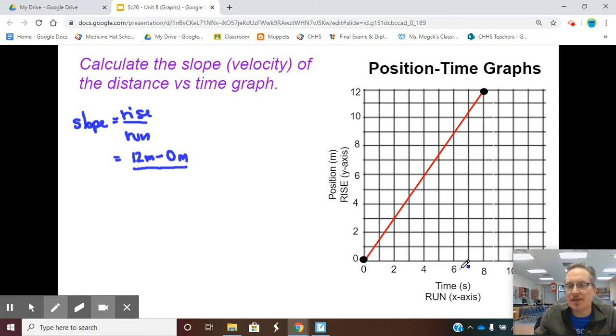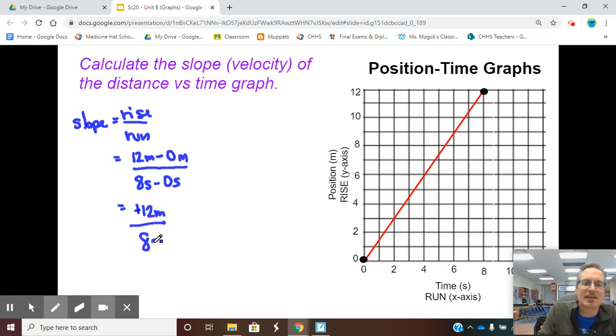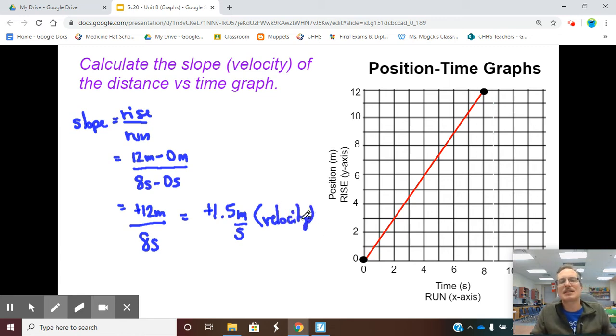My run along the x-axis is going all the way up to 8 seconds, and I started at 0 seconds. So 12 meters minus 0 meters is still positive 12 meters. 8 seconds minus 0 seconds is still 8 seconds. So positive 12 divided by 8 is positive 1.5 meters per second. And again, this is a velocity because velocity is the slope on a position time graph.